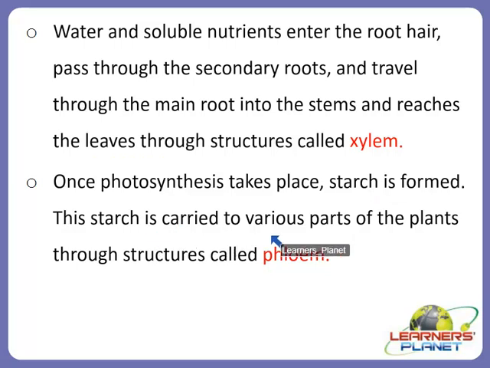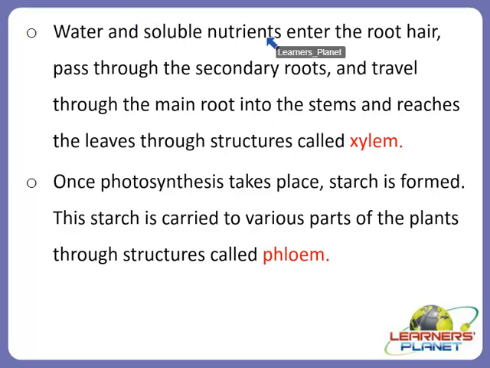And now this food, that is the starch, is carried to various parts of the plants through structures called phloem. So the food is carried to different parts of the plants through phloem, and water and minerals or nutrients are carried to the different parts of the plants through xylem.